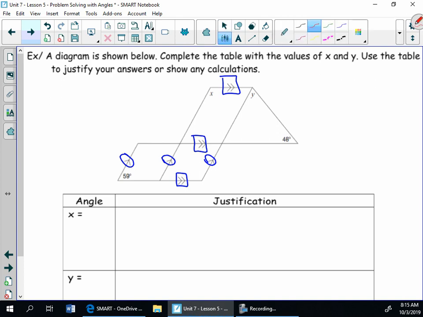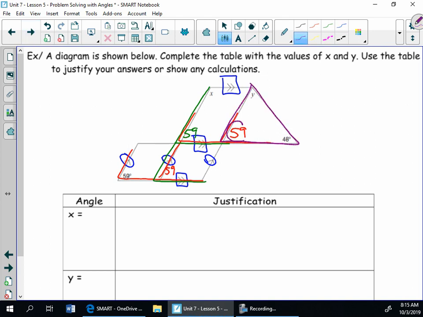Whenever I see an F or a C or a Z, I know things are equal to each other, except for the letter C, I guess. Okay, so that means that has to be 59. There's an F. Well, there's actually more F's. Here's an F right here that goes this way, which makes this 59, which makes this 59. Hey, on the right-hand side here, I've got myself a triangle.